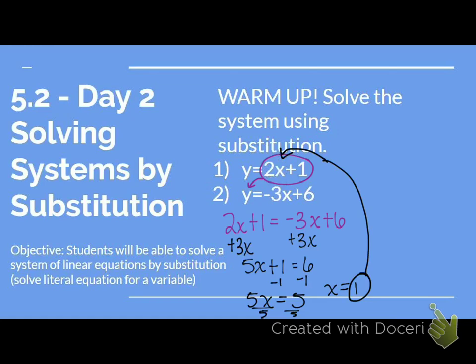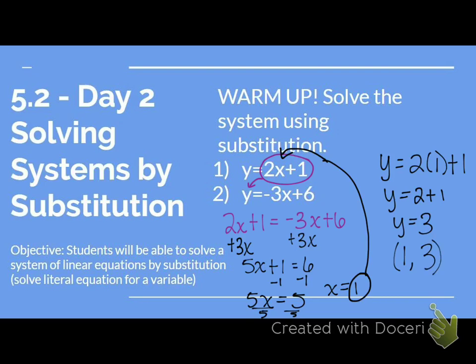It doesn't really matter, but we'll go ahead and do it into the top equation. 2 times 1? 2. 2 plus 1? How do we write our answers to these? As an ordered pair, good. 1, 3. Remember, it always goes x, y, no matter which one you found first.